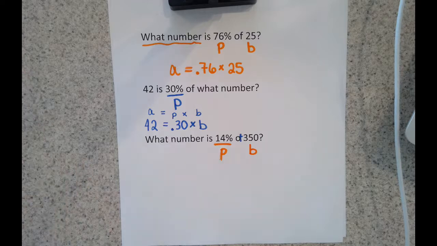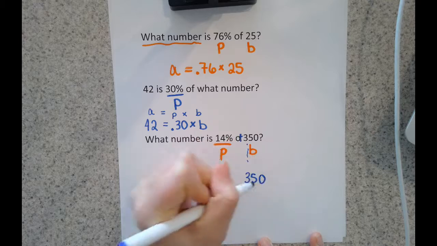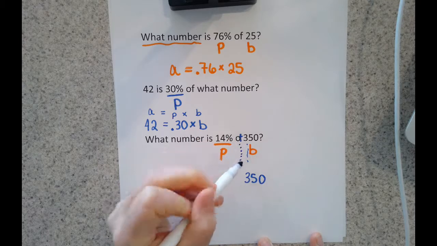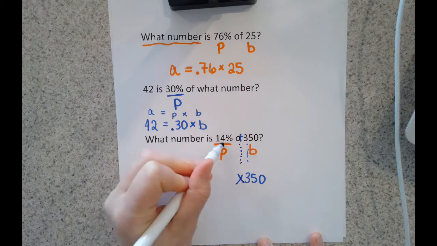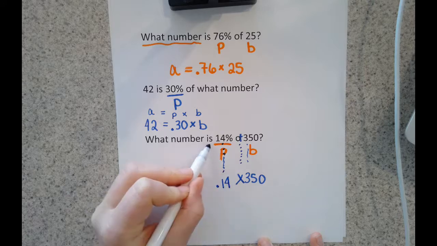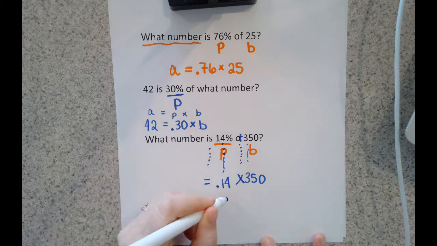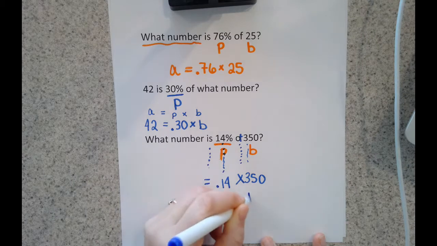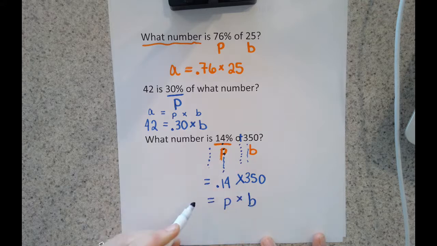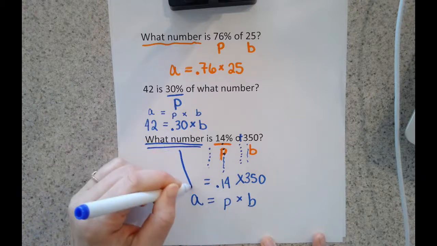If you're unsure if it's the part or the base, start translating this directly into math language. Drag the 350 straight down. Of means multiply. 14%, I have to write that as a decimal, 0.14. Is means equals. Okay, I know that the formula says percent times base equals part. What number is the unknown? The unknown must be the part.